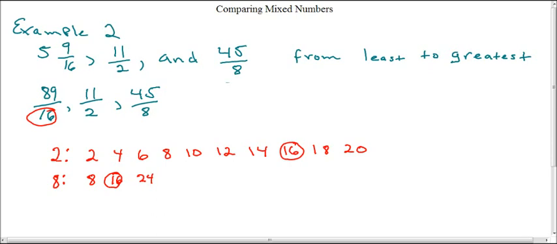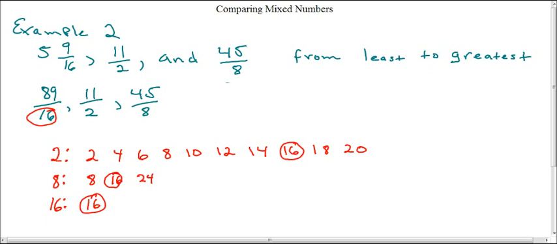So 16s will be 16 times 1, which is 16, and that's pretty much as far as we need to go, because here now we have found our least common denominator, which is 16.